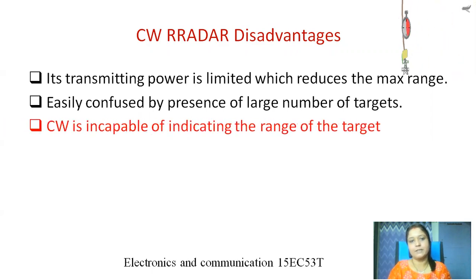And one of the major drawbacks is that continuous wave radar is incapable of indicating the range of the target. It can give only the relative velocity of the target, but it is unable to find the range or the distance. That is one of the limitations, and this can be overcome by the frequency modulated continuous wave radar.